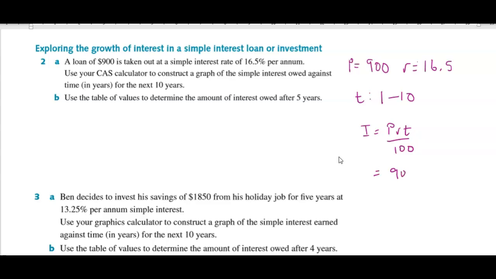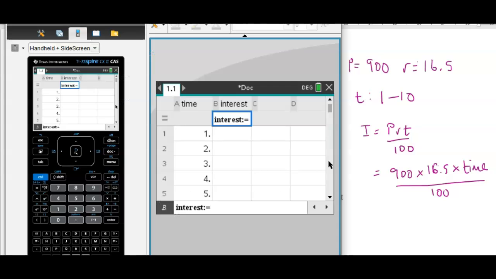So we've got 900 times 16.5 times T. I've called it time on my calculator, so in the calculator I'm going to have to continue with time, not use T, over 100. So you're basically putting in a formula in your calculator. 900 times 16.5 times time, and you'll notice when I write time, it goes bold, and that's because it's a variable set in the calculator.